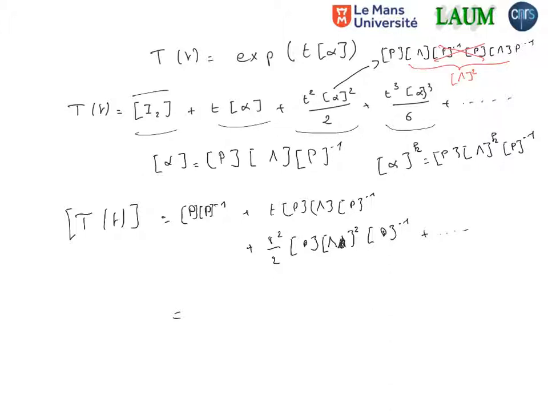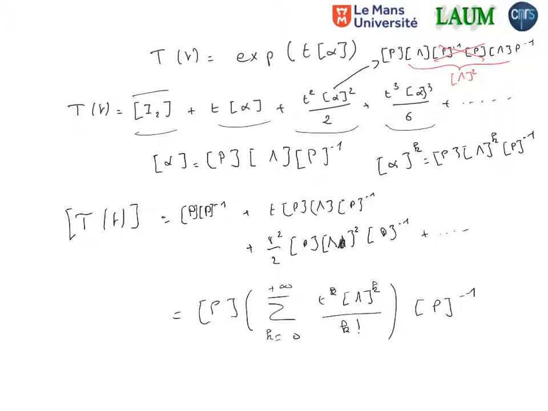And this can be rewritten as P multiplied by the sum for k equals 0 until plus infinity of T at the power k multiplied by lambda at the power k over k factorial, multiplied by P minus 1. So we can see here that this is the exponential of T lambda, because this is exactly the same formula where we have replaced alpha by lambda.